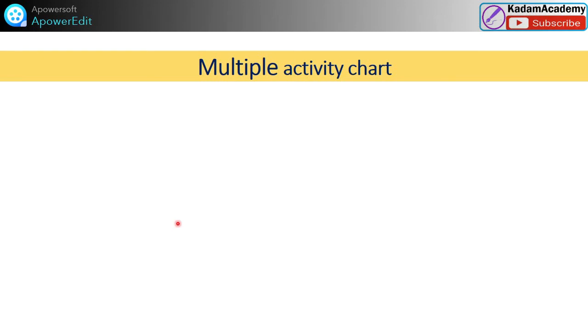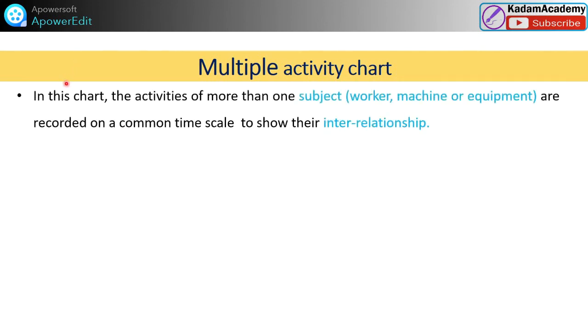So next is the multiple activity chart. We have already studied the two-hand process chart. In this multiple activity chart, what is the difference? In this chart, the activities of more than one subject, like workers or machines or equipment, are recorded on a common time scale to show their interrelationship.